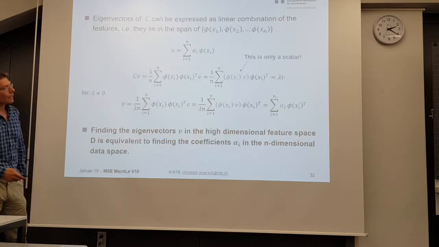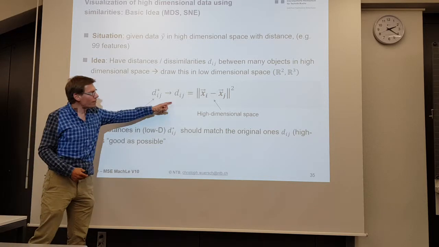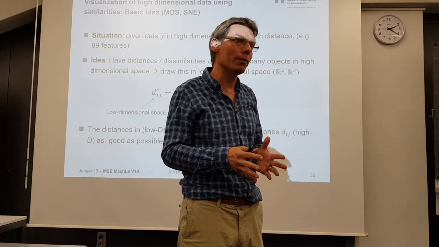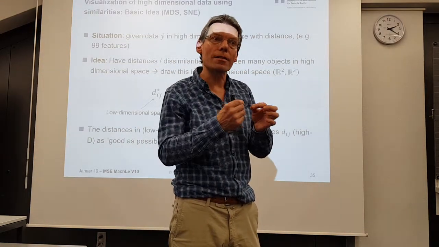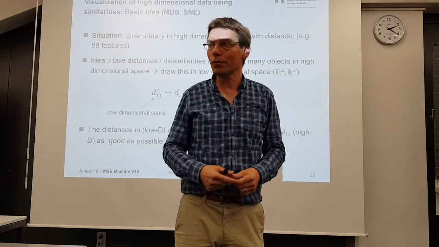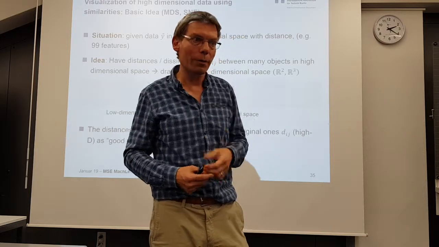Okay, that's kernel PCA. Now we go for methods which use similarity, which don't have the full feature vector available, for example, but just distance information between points in a very high dimensional space. What does distance mean? We also have to talk about that.